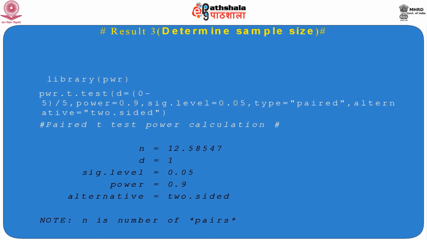So you have 5 individuals and the mean observed from first to second visit as 0 to 5, then the difference between 0 to 5 divided by the number of individuals gives us the d value, and based on the d value, here we are getting 1, we are getting the sample size 12.58 for this study.